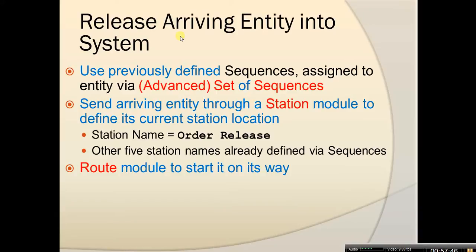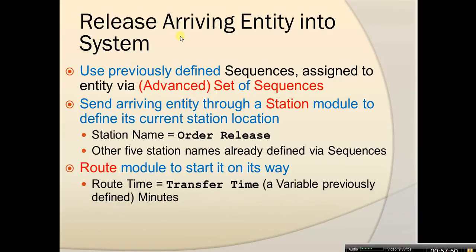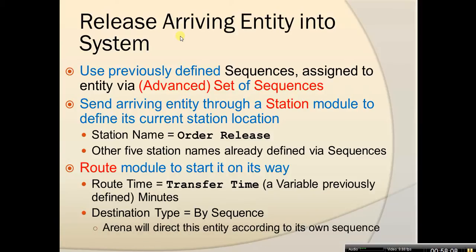And we'll have a route module to start it on its way, and in the route module we'll have transfer time to indicate how long it takes for the part to move from one station to another. That was a variable that we defined, and that will be in minutes, and then the destination type will be by sequence.